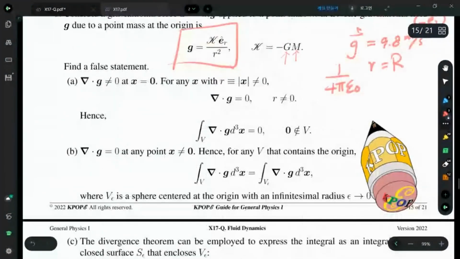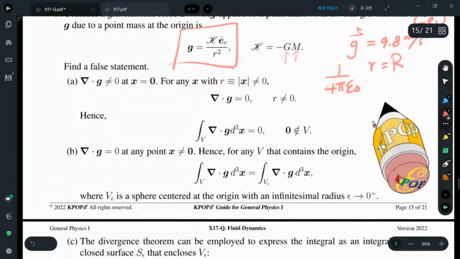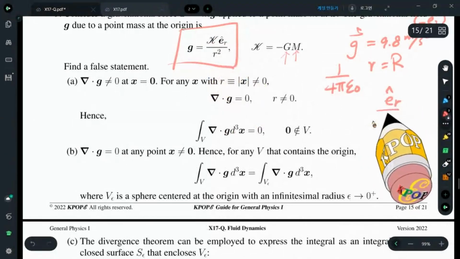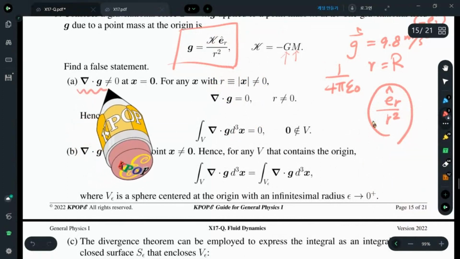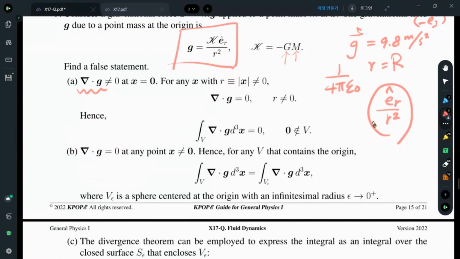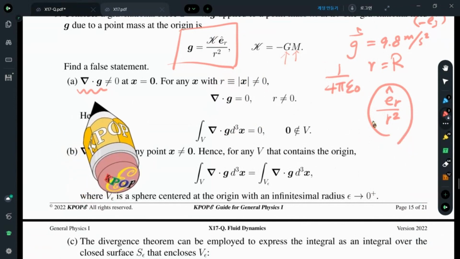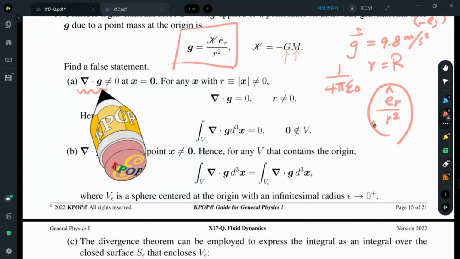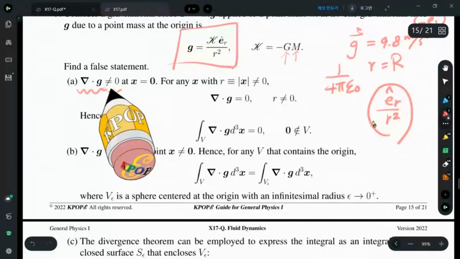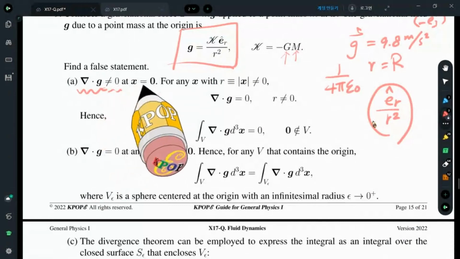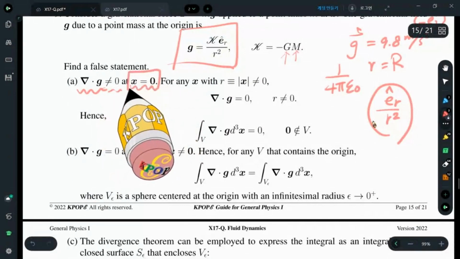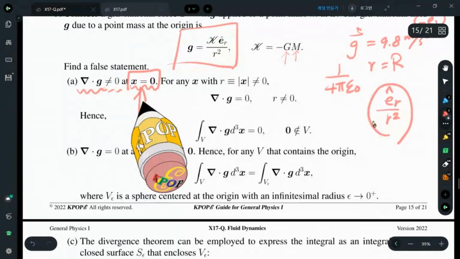So we remember the unit radial vector over r squared. This divergence appeared in the previous exam, and we studied it too many times. This divergence is always zero, except for the single point x equals 0.